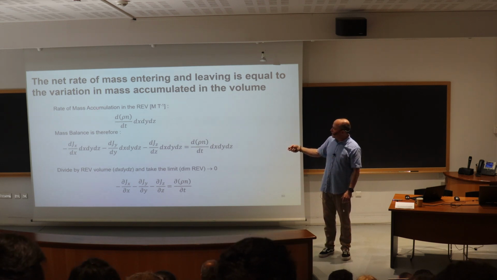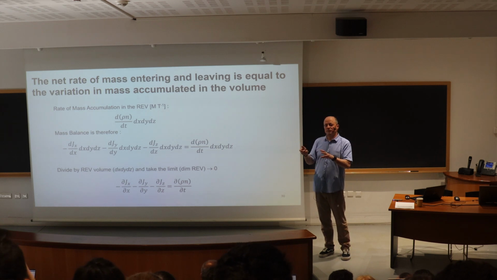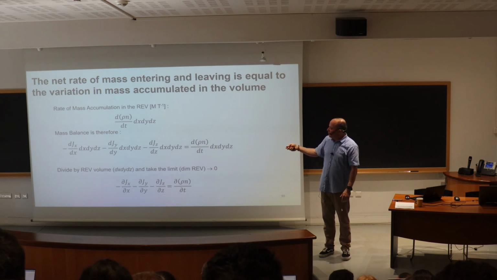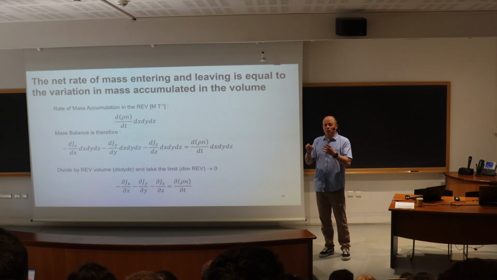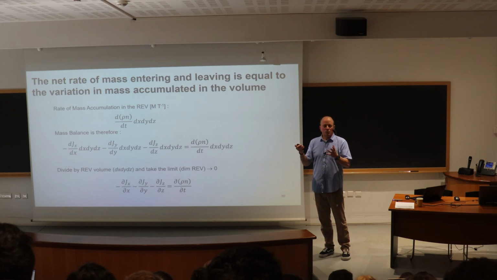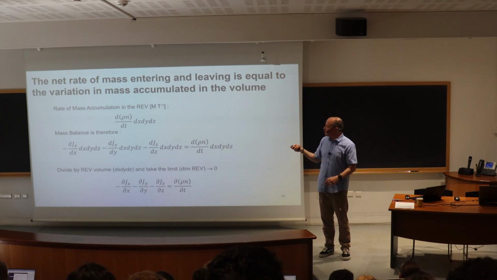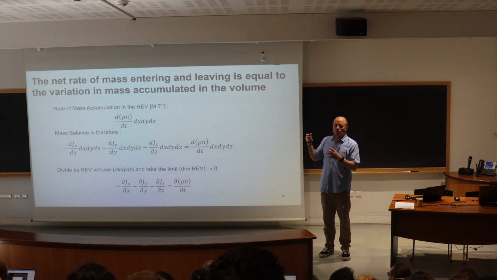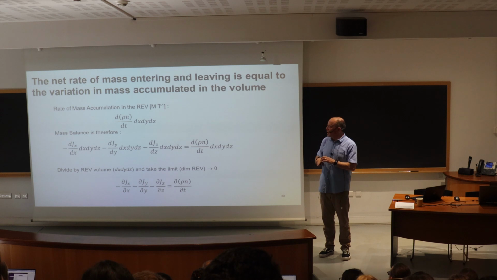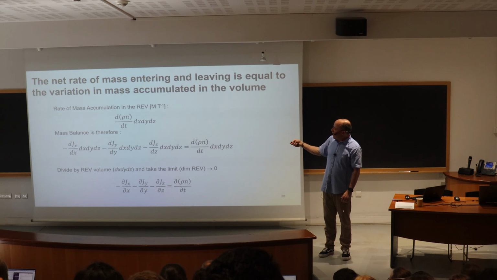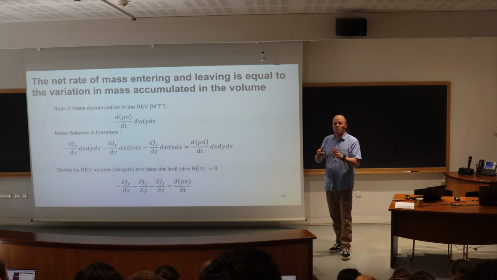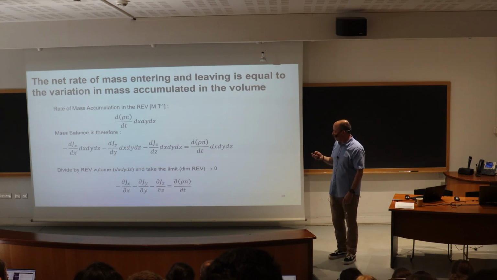So we have the density, which is the mass of water over the volume of water, the porosity n, which is the volume of voids, which are fully filled with water, divided by the total volume, and dx dy dz is the total volume. So we divide by t, and this expression represents the rate of change of mass of water stored in the volume over time.